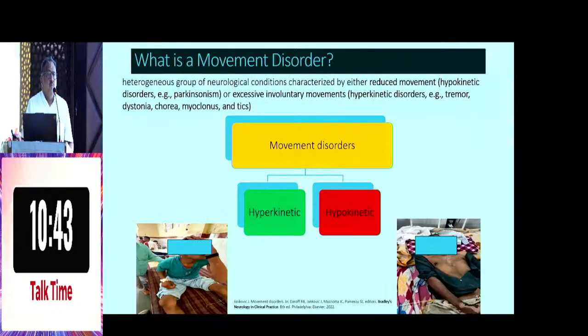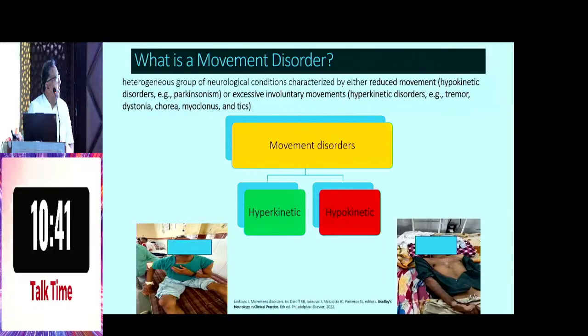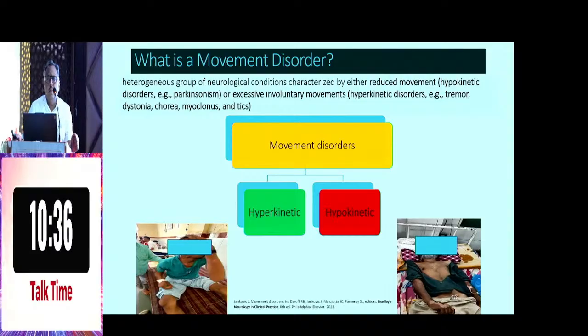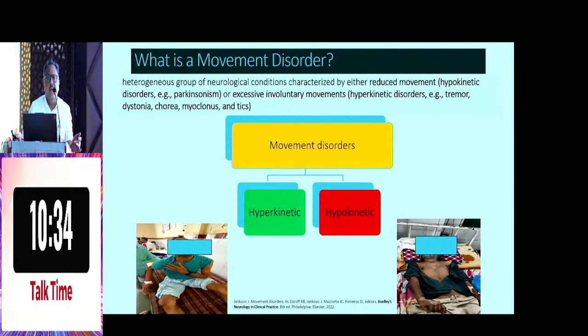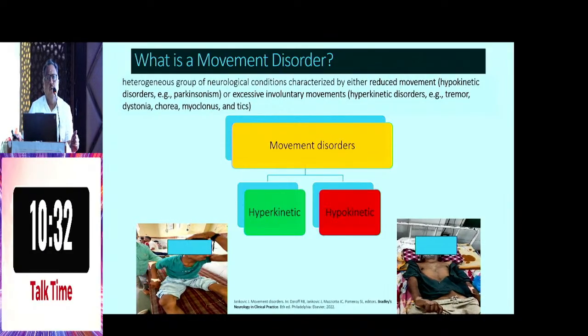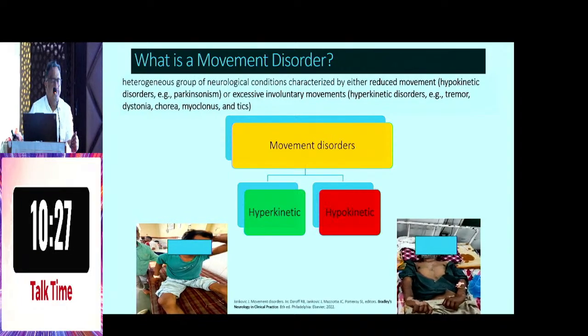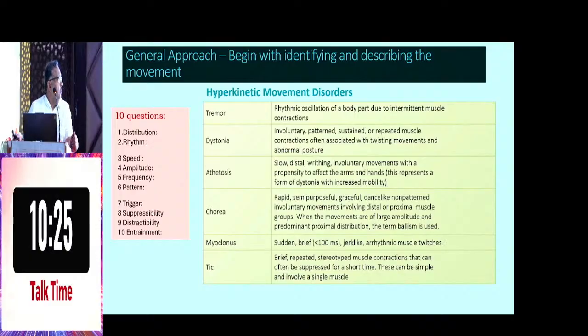So what is a movement disorder? Movement disorder is a heterogeneous group of neurological conditions characterized by reduced movement like akinesia and bradykinesia, or excessive involuntary movement known as dyskinesia.